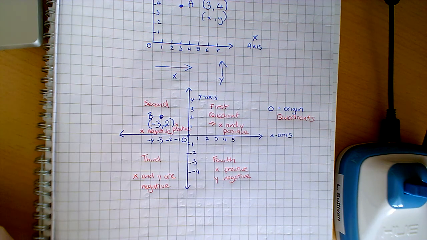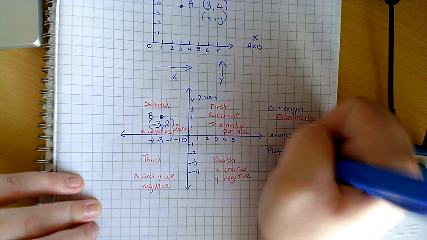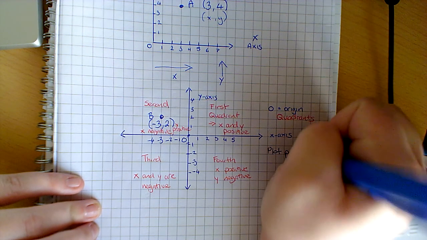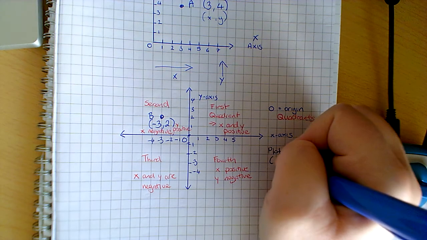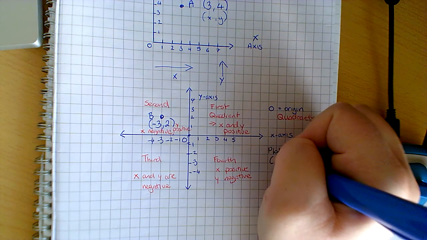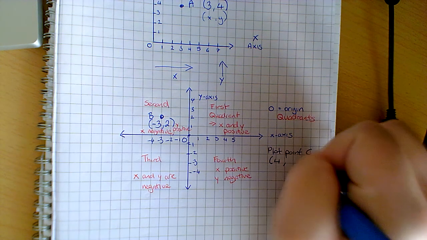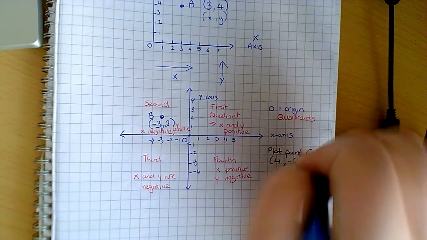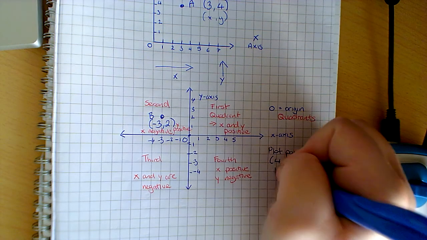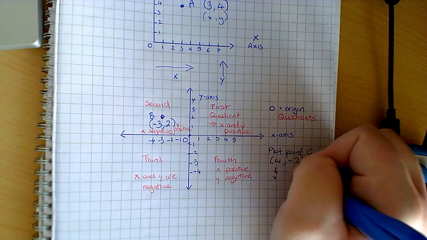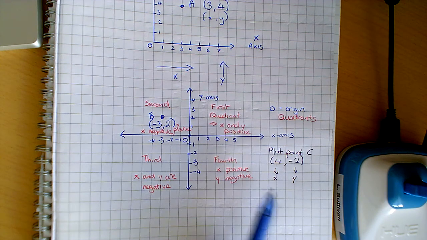Okay, so if I was asked to plot the point C, and I'm told that C is 4, minus 2. That means that it's 4 on the x-axis and minus 2 on the y-axis.